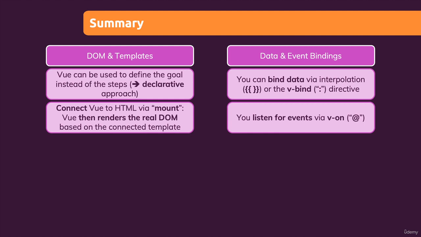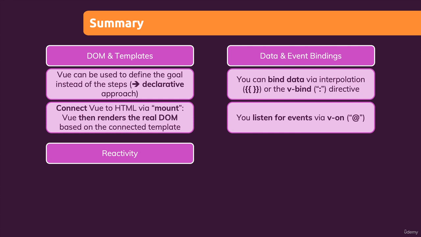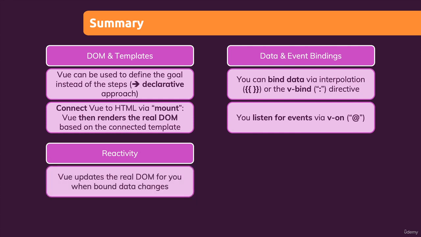Now these are the powerful core features Vue is all about, but in order to make these features really powerful and to make them more useful, we rely on Vue's built-in reactivity system. That simply means that Vue will update the real DOM whenever some data which you're outputting with v-bind or double curly braces changes.